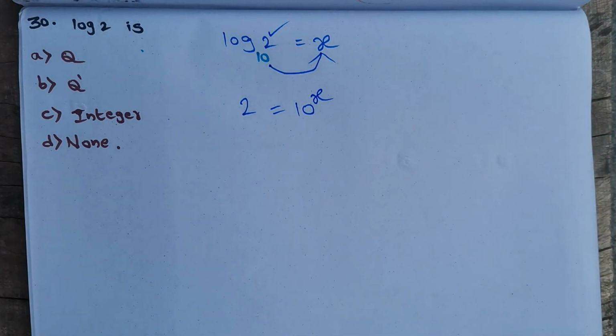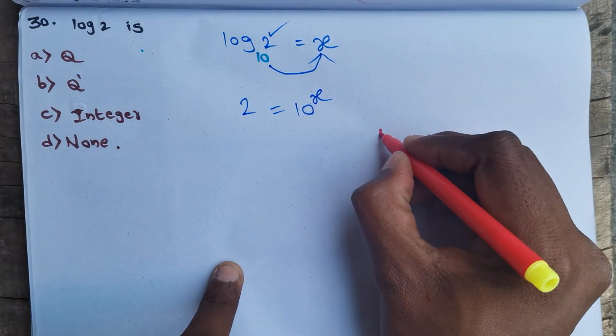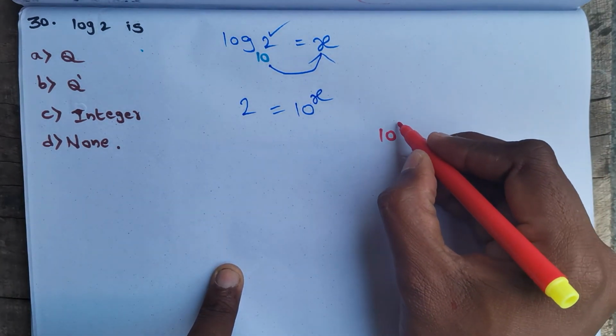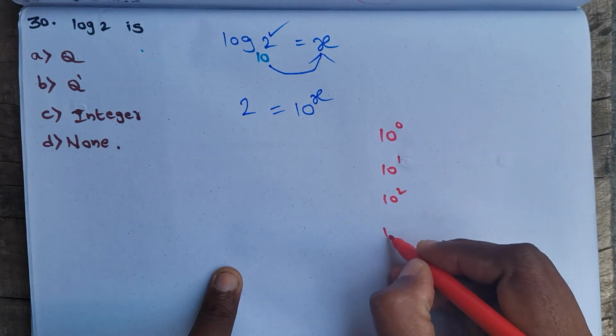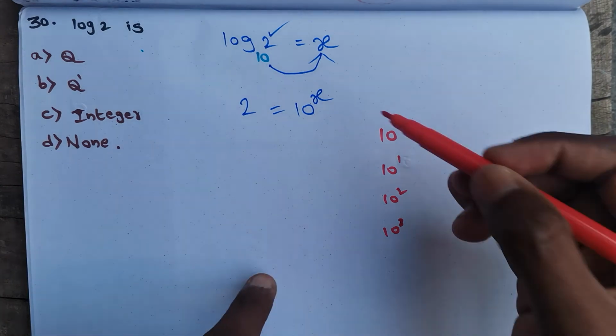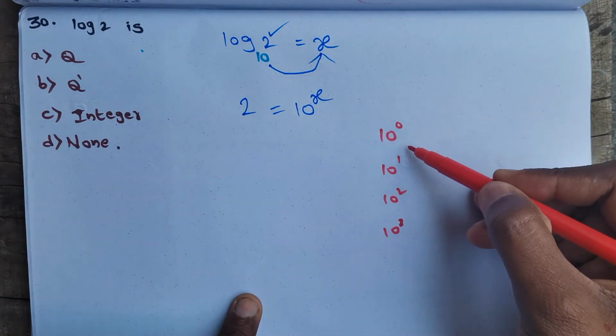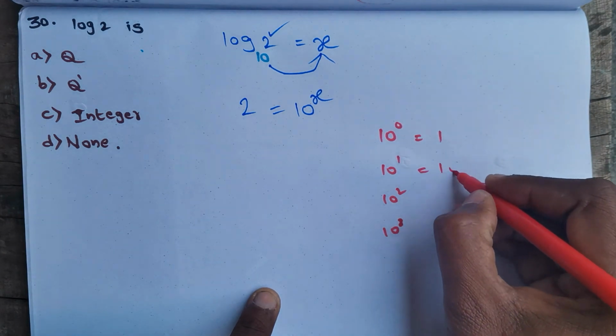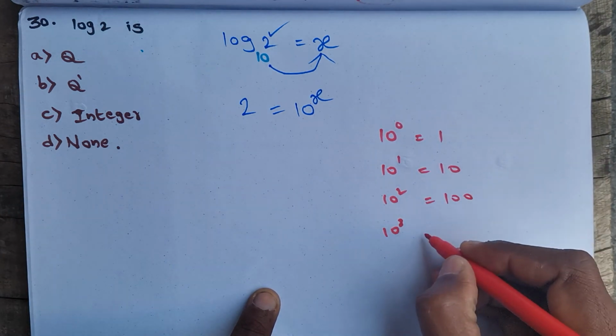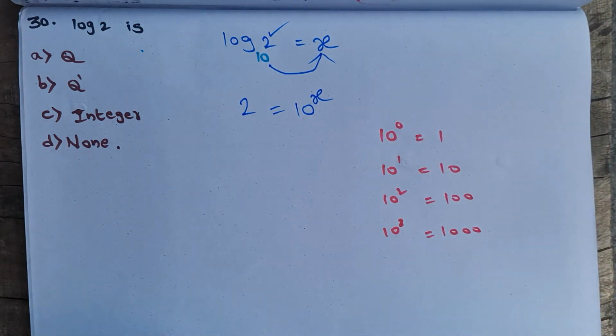Okay, now let us check then. 10 power 0, I am keeping, 10 power 1, 10 power 2, 10 power 3 and so on. In the place of x I am simply keeping whole numbers. 10 power 0 is 1, 10 power 1 is 10, 10 power 2 is 100, 10 power 3 is 1000.